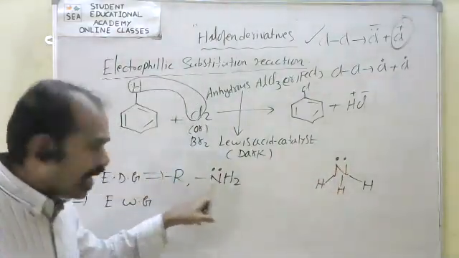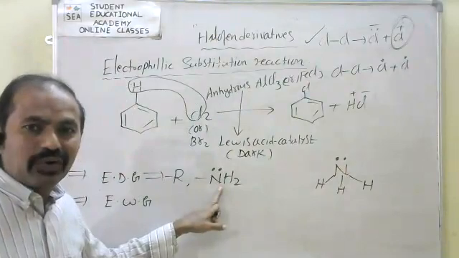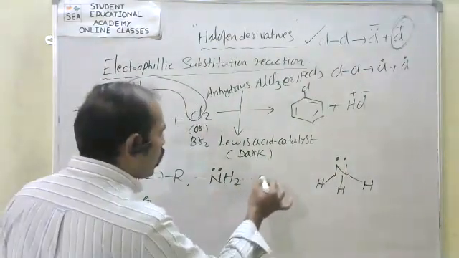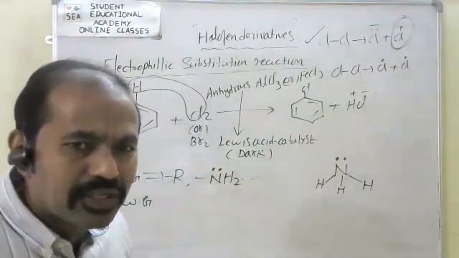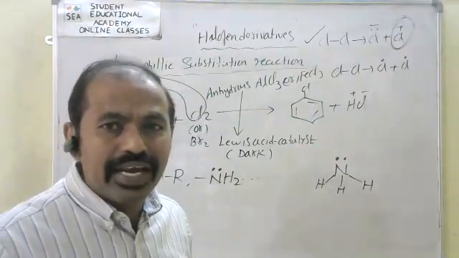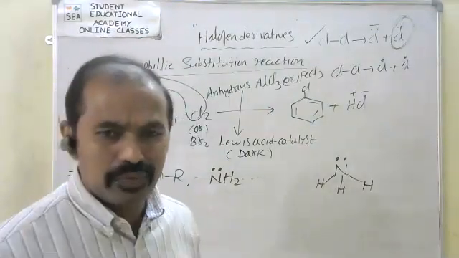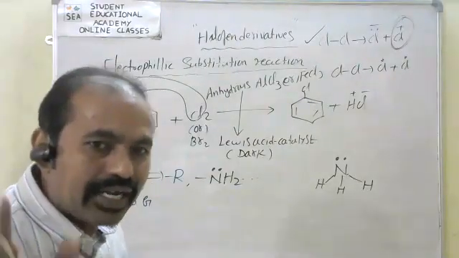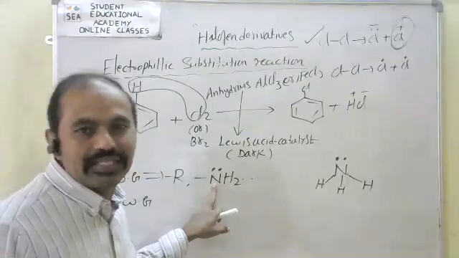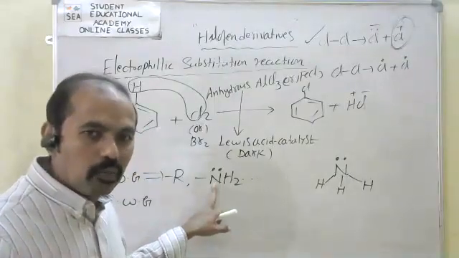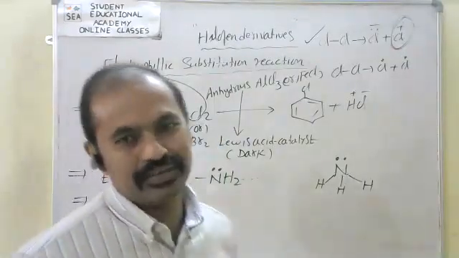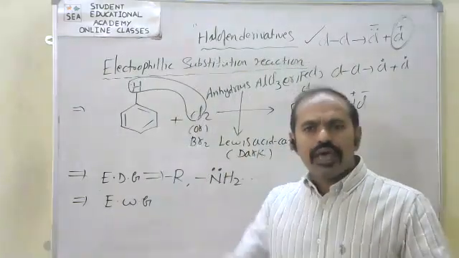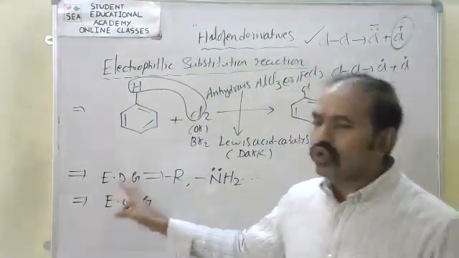So these groups act as electron donating groups. Alkyl groups are called electron donating groups. Otherwise, if the central atom has one or more lone pairs available, that also behaves like an electron donating group.